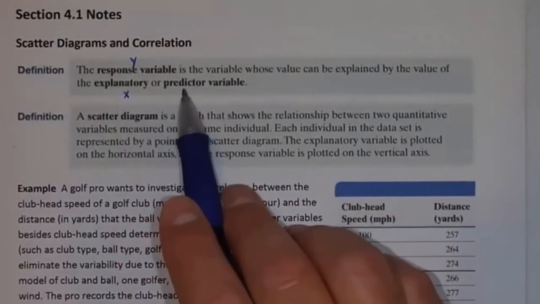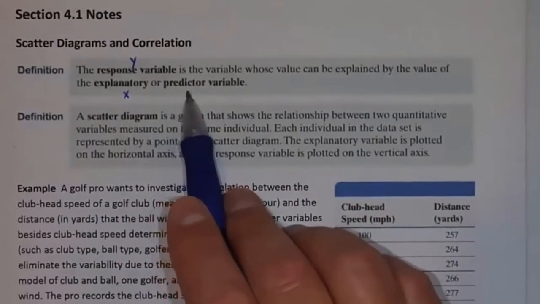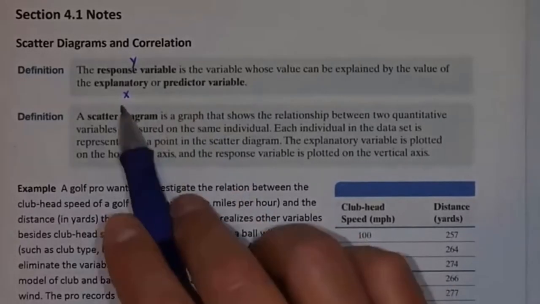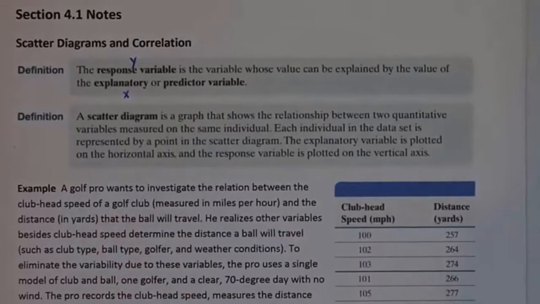Now we do have a new term here, a predictor variable. I personally will tend to use the term explanatory variable, but a predictor variable is the exact same thing. It's just another term for explanatory variable. So we're going to be looking to see if there's a relationship between this X variable and this Y variable, the explanatory variable and the response variable.